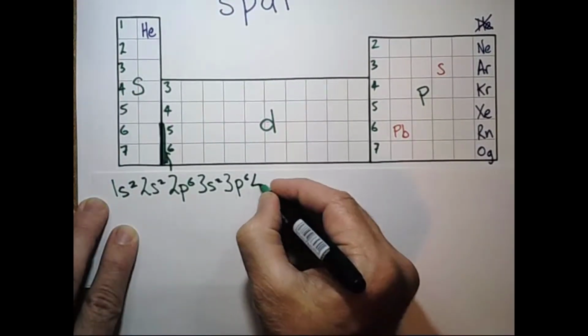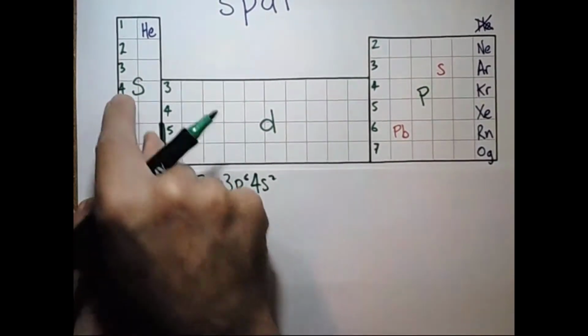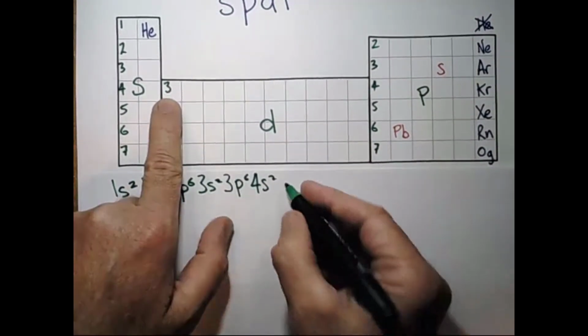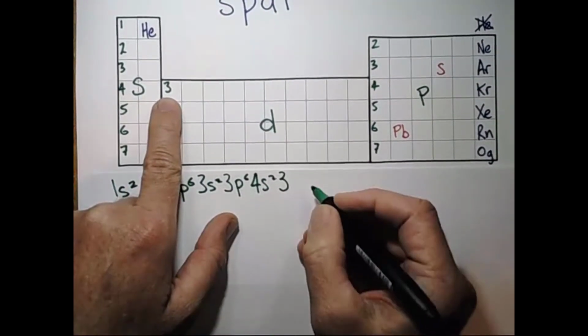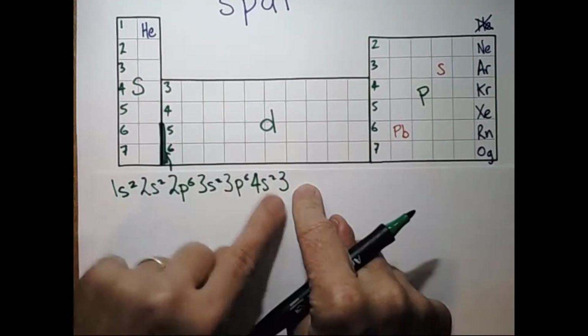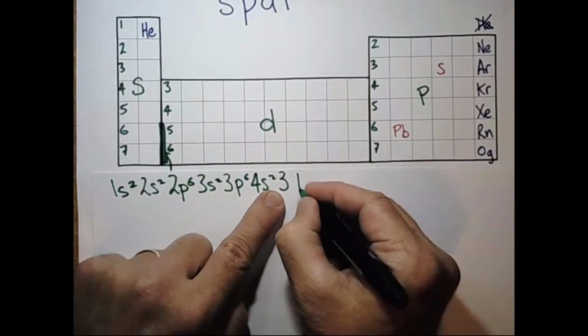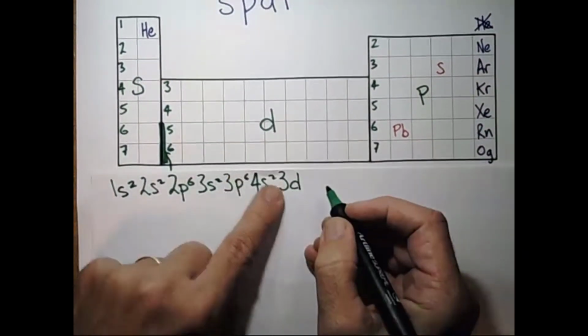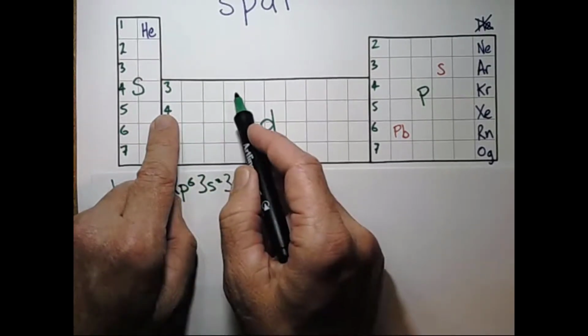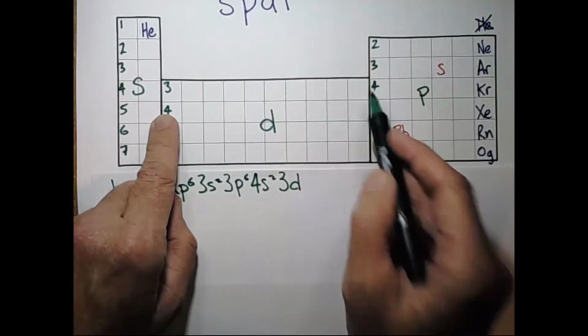We come down to 4s2. Now we hit our d block. And in our d block, we've got a 3 there. That means when I fill my d block, I'm actually backfilling into the third shell, not the fourth shell. Okay, so 3d, it's my d orbitals, my d block. And how many electrons? 1, 2, 3, 4, 5, 6, 7, 8, 9, 10.